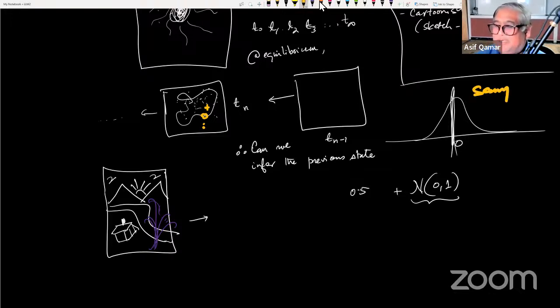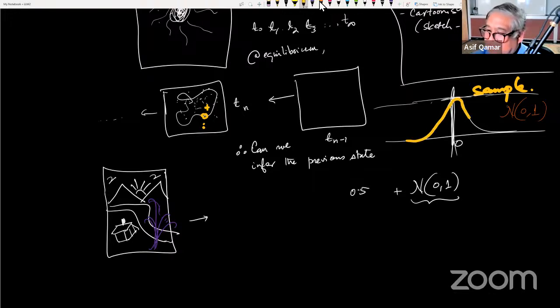There are better ways of doing it, but here's the basic intuition, guys. Do this. Just wrap it up in an infinite box with the tip of this. So here's your distribution.